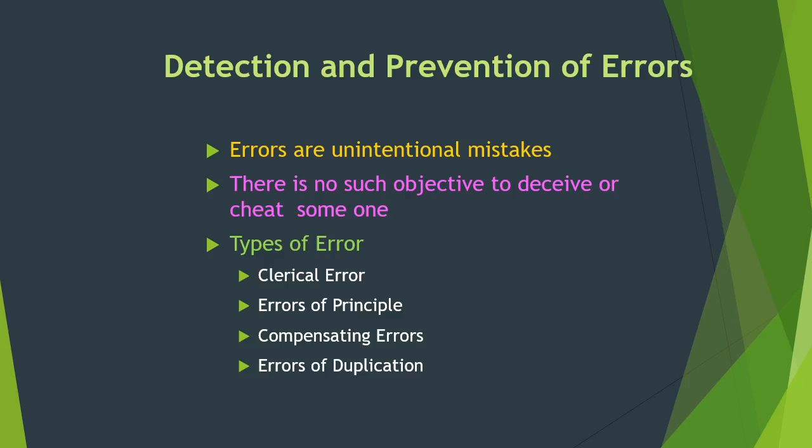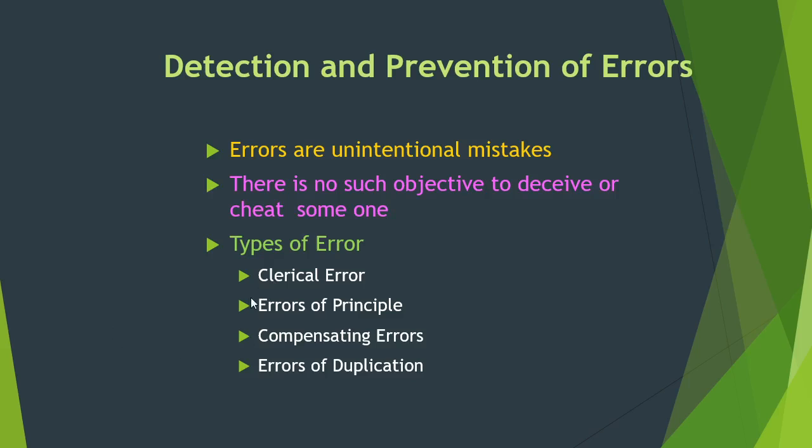If persons having no intention of deceiving or cheating someone make some mistakes, those mistakes are considered as errors. There is a slight difference between errors and frauds. Errors are unintentional mistakes, but frauds are intentional mistakes.